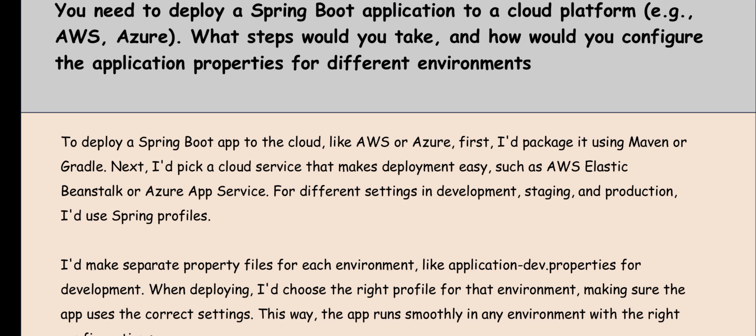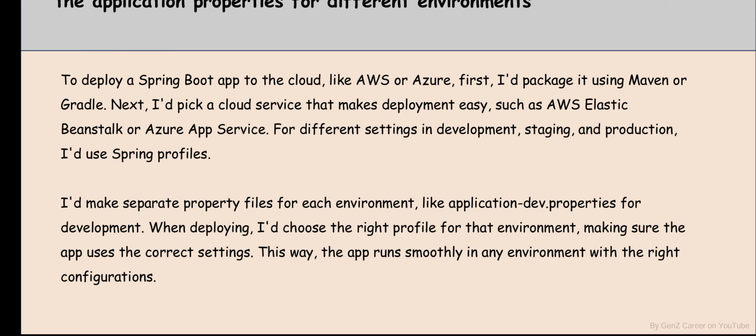To deploy a Spring Boot app to the cloud like AWS or Azure, first I would package it using Maven or Gradle. Next, I would pick a cloud service that makes deployment easy, such as AWS Elastic Beanstalk or Azure App Services. For different settings in development, staging and production, I would use Spring profiles as well.